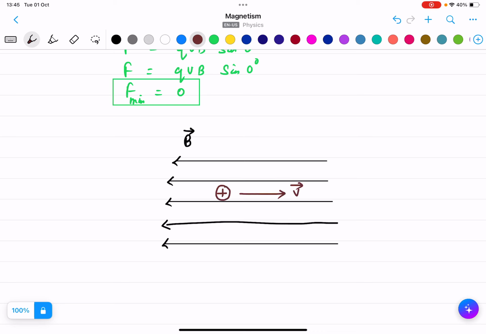What will happen? The magnetic field B is in this direction, and the charge V is in this direction.